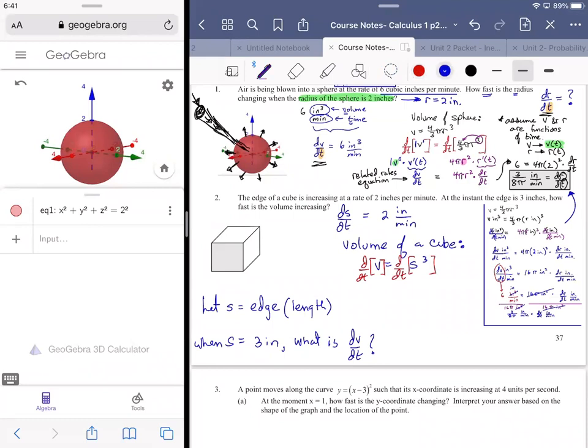We don't want to reinvent the wheel too much. dV/dt is going to be dV/dt just like it was in the last problem. Here we have to assume, just like we did in the last one, that V and S are functions of time, because depending on the moment in time, this cube is going to have differing volumes.